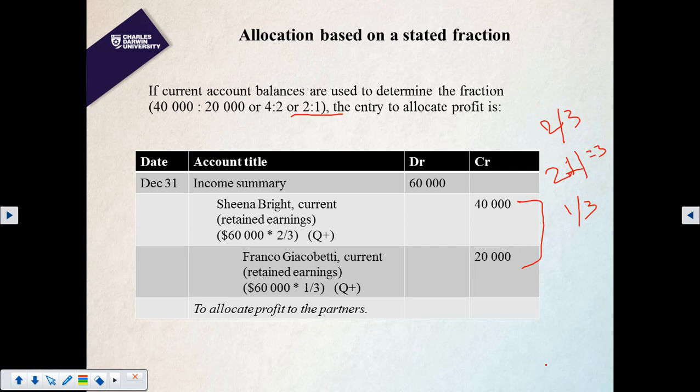It should be easy when they give a ratio. First we add these two. If it is 3:5, then how do you do it? 3 plus 5 is 8. So the first one will get 3/8, the other one will get 5/8. So this is how we will be distributing if the ratio is given. Okay. So again, it's going to be income summary debit and capital is going to be credit.